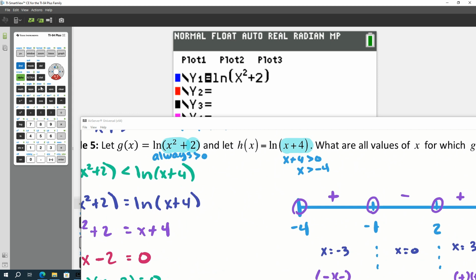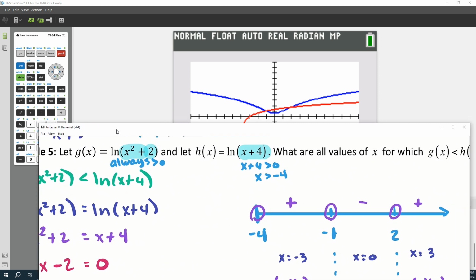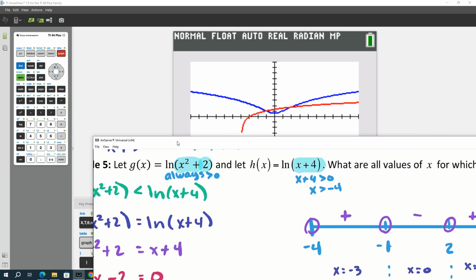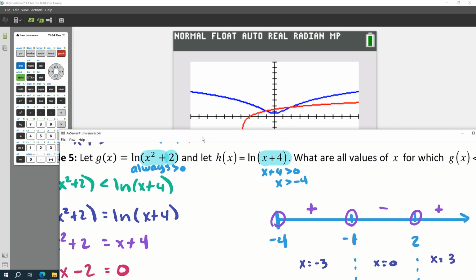And then h of x in for y2. All right, so my y1 is blue and my y2 is red. So what we're looking for is when blue is underneath red. And you can see it's a small section right here. It happens to be what we found between negative 1 and 2.